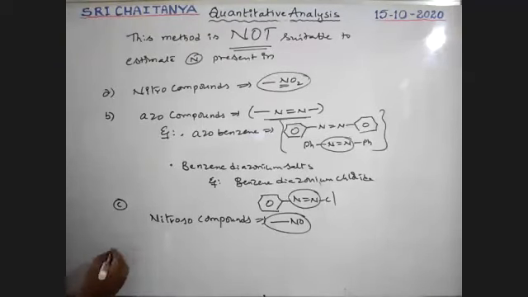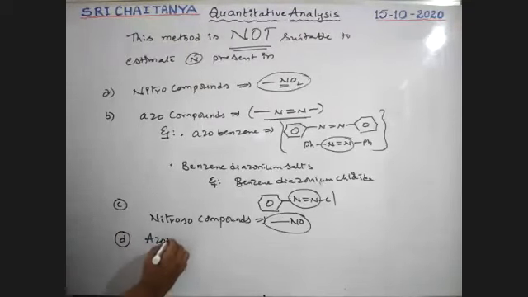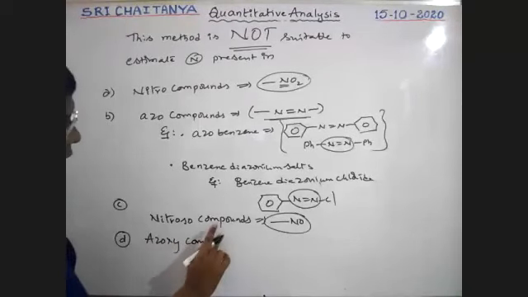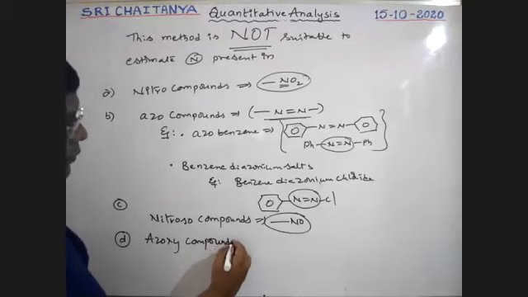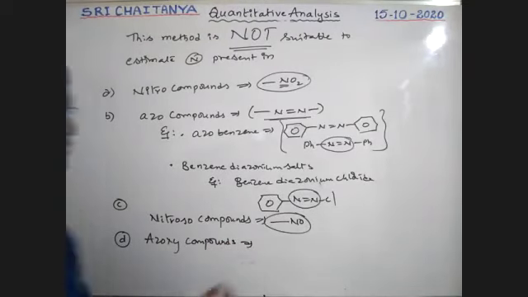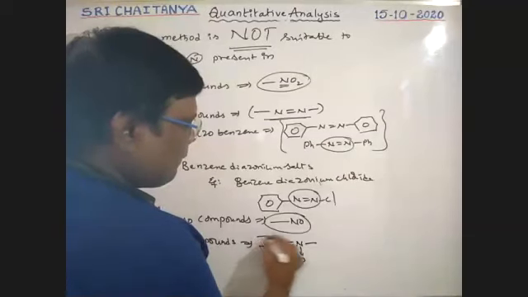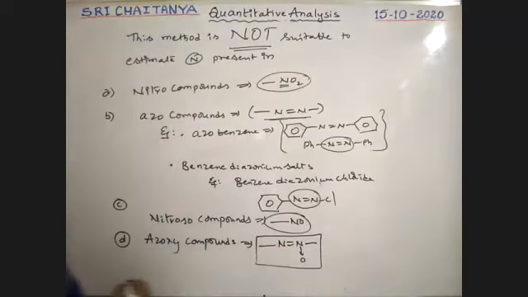Next, D, azoxy compounds. What is that? Azo group and oxygen, both are there. Compounds containing that group are also not estimated like this.